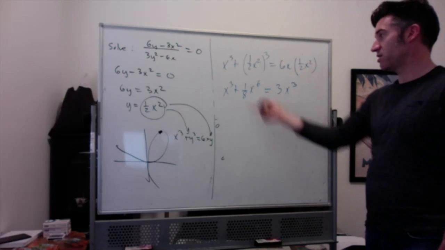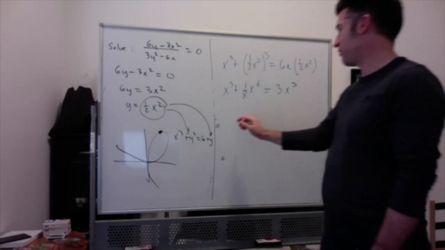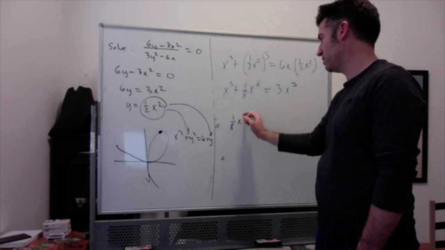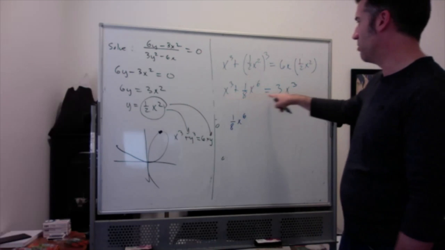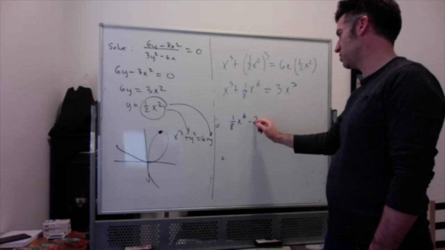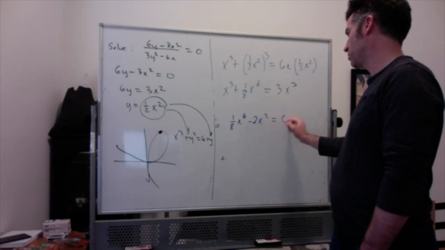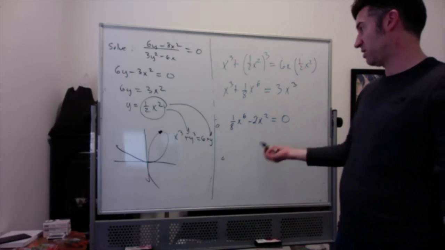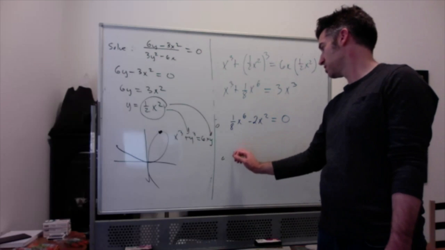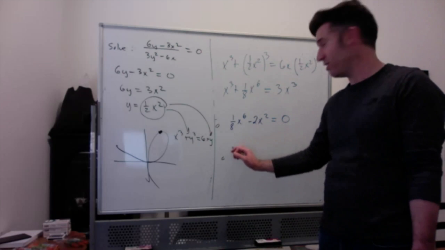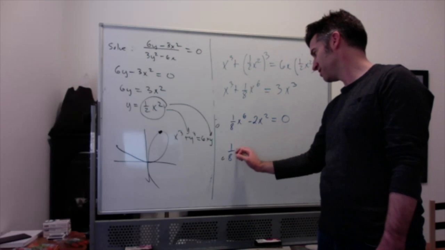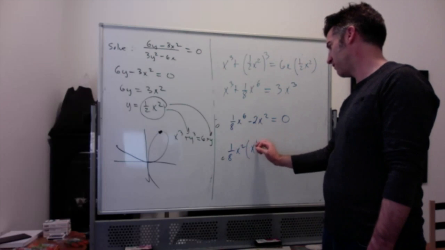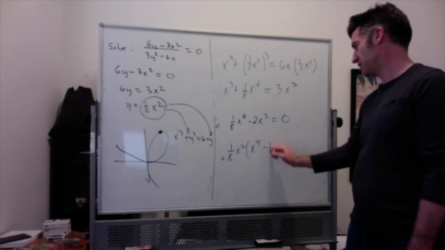So bringing everything to the left, I've got 1/8 x to the 6th, x cubed minus 3x cubed is minus 2x squared, equals 0. And then I can factor out x squared, 1/8 x squared. I'm left with an x to the fourth minus 16.